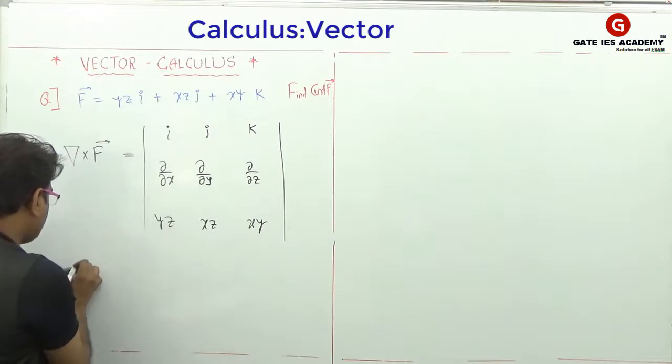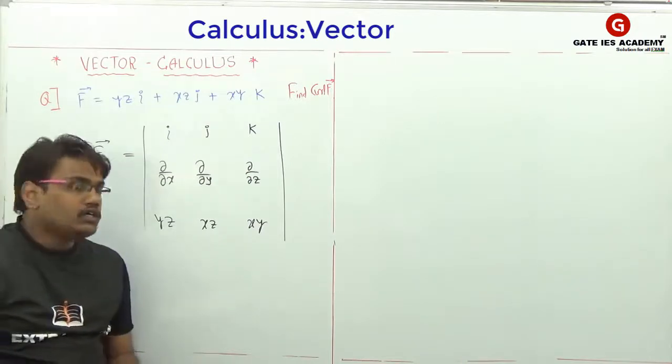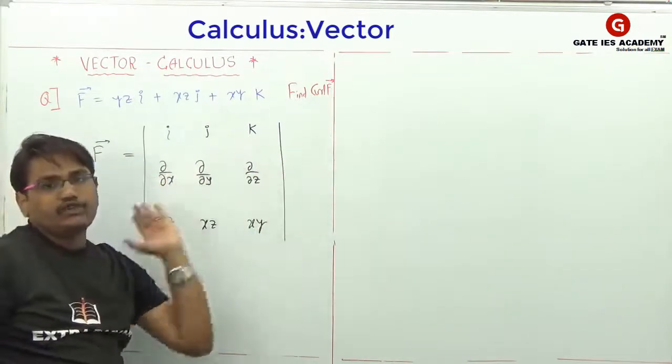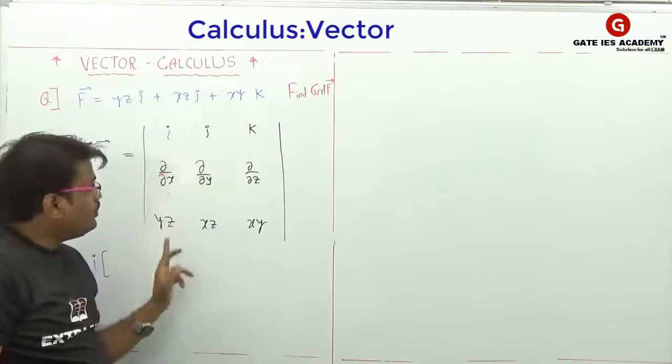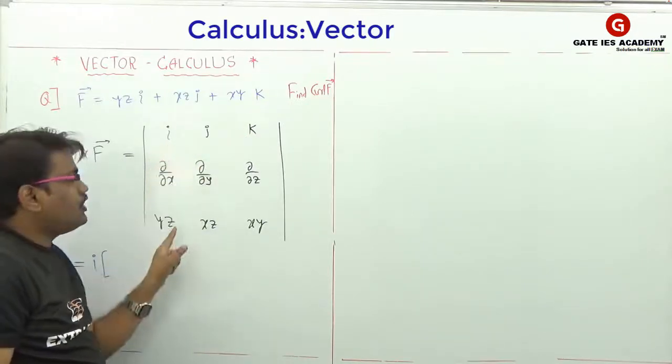So this is equal to i into, I will expand it using the first row. So delete this row and this column.